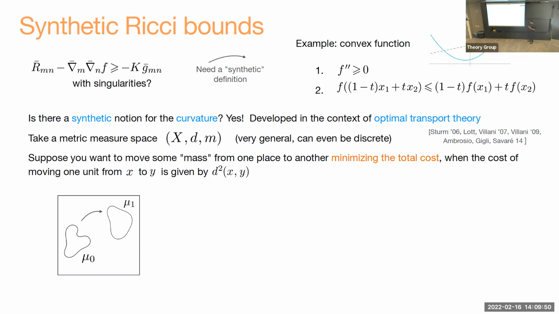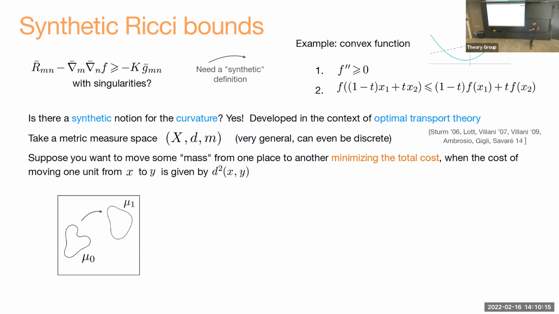And now, suppose in this space you want to move some mass from one place to the other. So you have a probability distribution which you want to morph into another probability distribution by minimizing a certain notion of cost, where the cost of moving one bit of mass from one place to the other is given by the distance function that you have on your space.